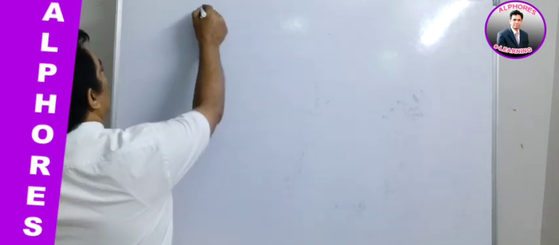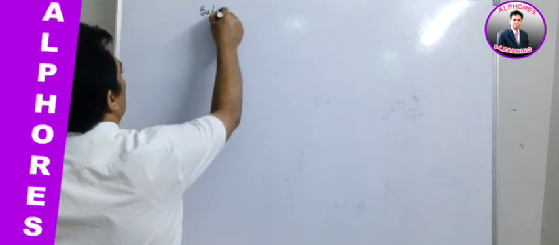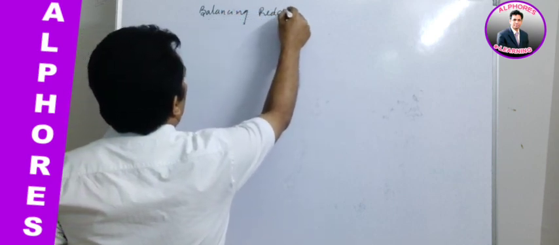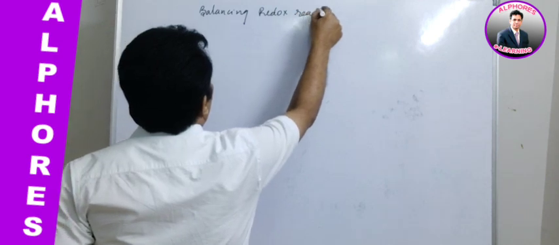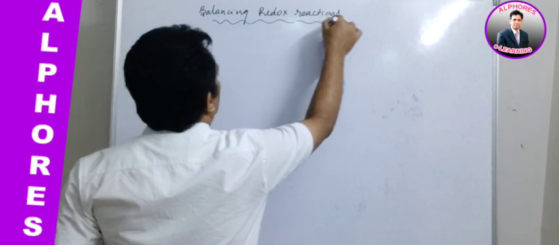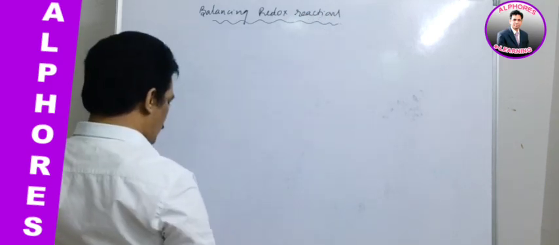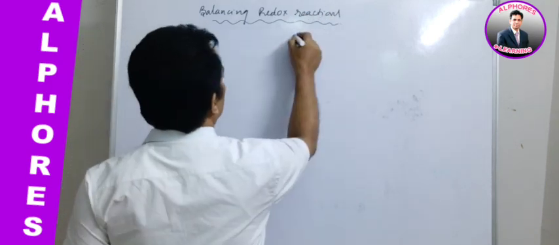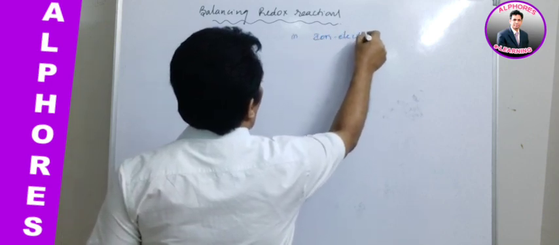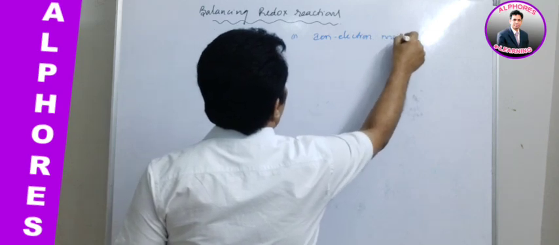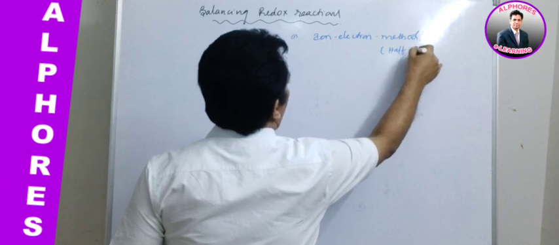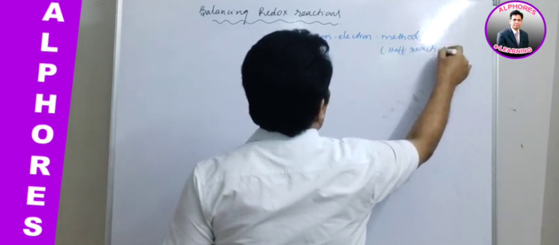Balancing redox reactions. My dear students, remember this will be done by two important methods. One is the ion electron method, also known as the half reaction method.